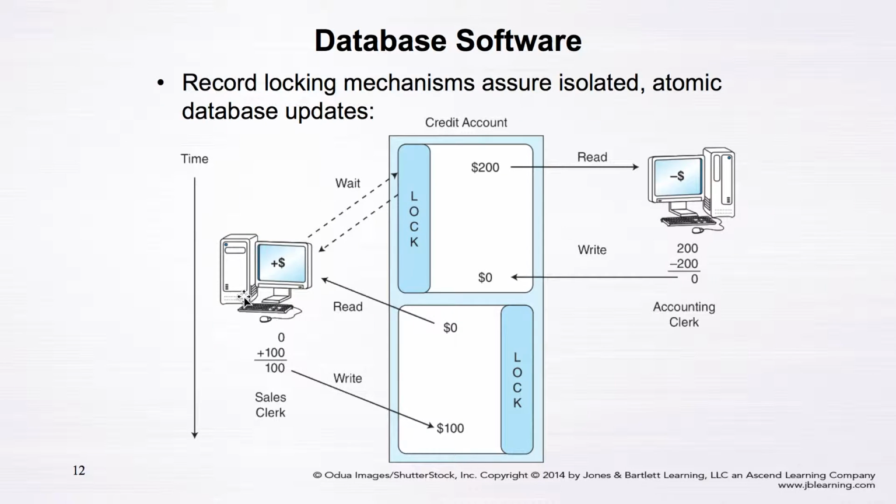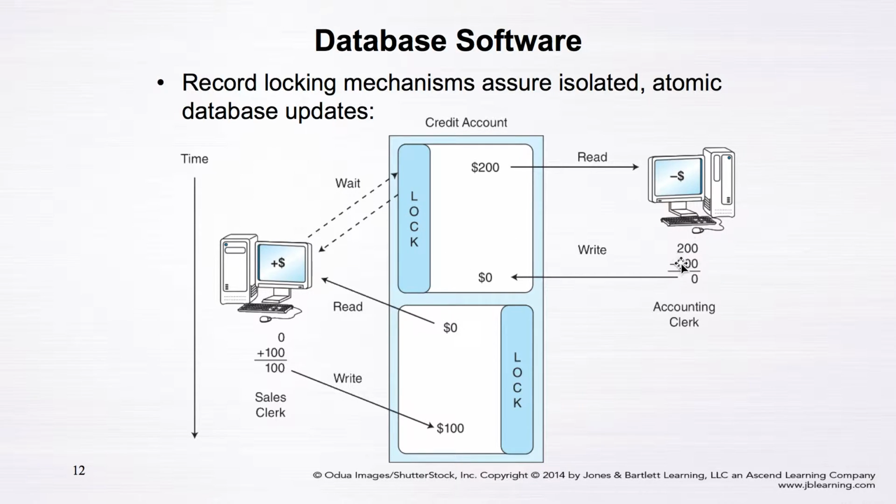Now, if we have the ACID properties, we can ensure that the information will be consistent. Because using the ACID properties, we can see that the record gets locked until the other one finishes. So if this one reads the information, the sales clerk is not allowed to access the information. That is, we need to wait. It's just a lock condition right here.